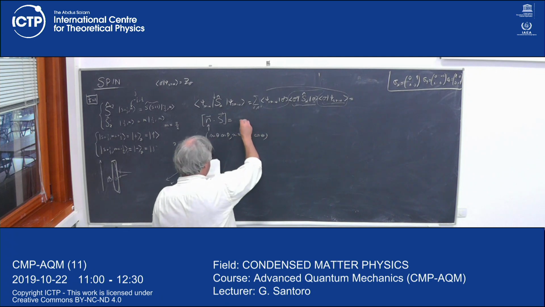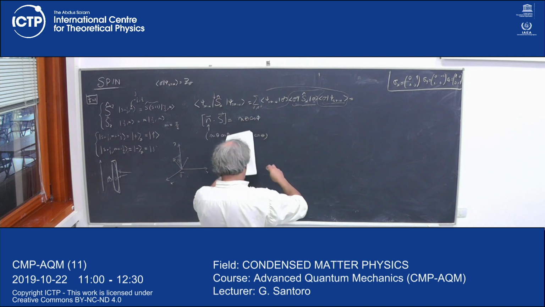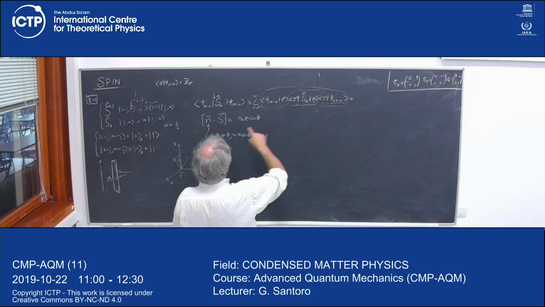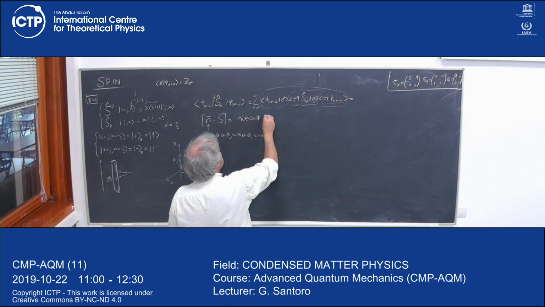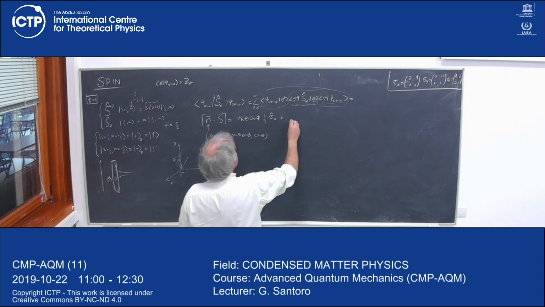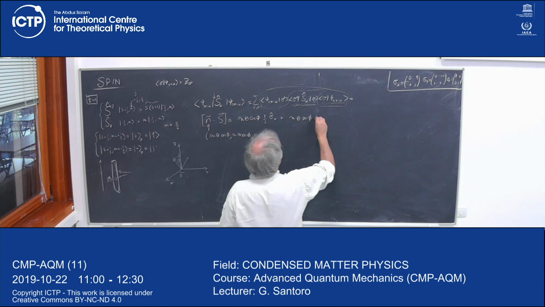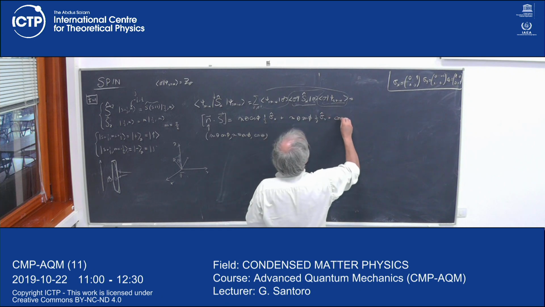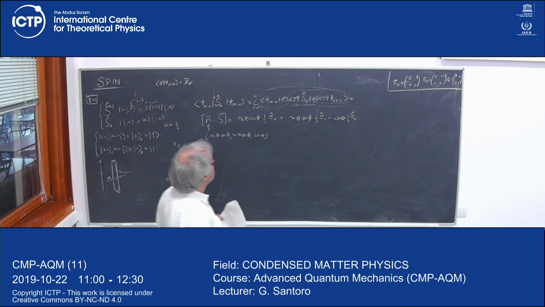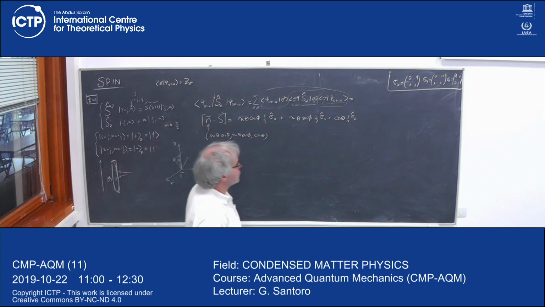Essentially, sine theta cos phi times the matrix for Sx, which is 1/2 times the Pauli matrix X, plus sine theta sine phi times 1/2 the Pauli matrix Y, plus cos theta times 1/2 the Pauli matrix Z. This is the matrix element of the spin in a generic direction.